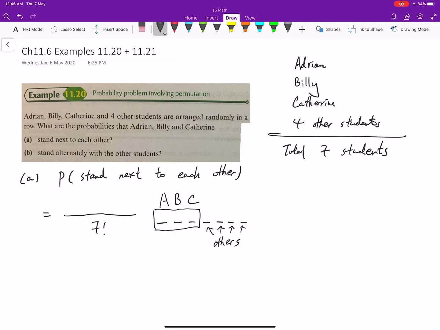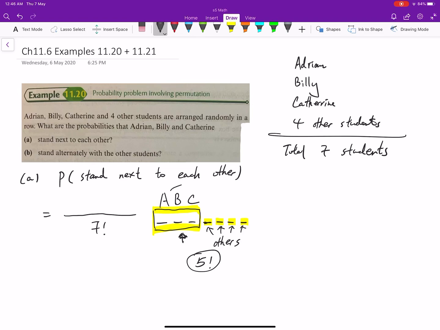Now we look at our case. Here you get these spots, and then you get these 4, and you can arrange them. So you get 5 factorial.